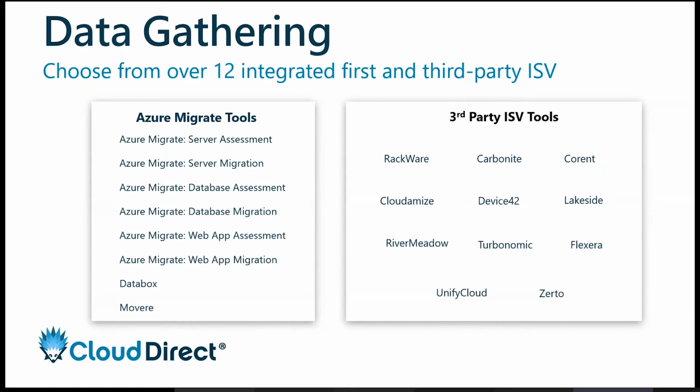So you can see at the bottom of the tooling capability there, Movere has been placed into the left. It's no longer a third-party tool. So all of that capability, the ability to look at dependencies, the ability to right size and scan the environment, is being embedded into the central Azure toolkit.